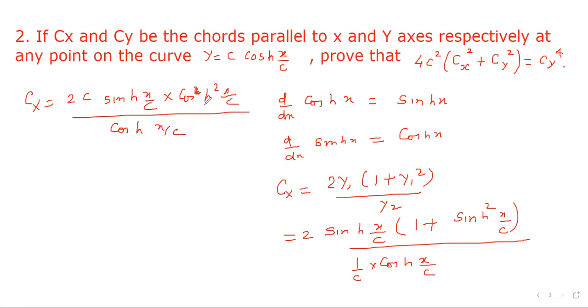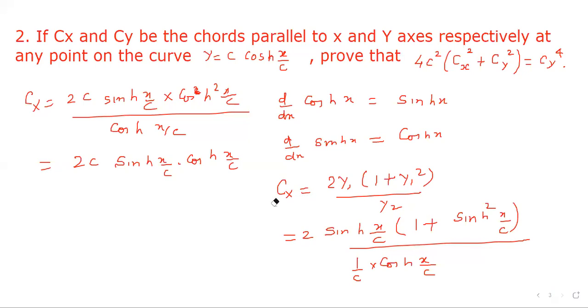One cos hyperbolic x will cancel out, and we will get Cx equal to 2c sine hyperbolic x upon c times cos hyperbolic x upon c. Now let's find out Cy.